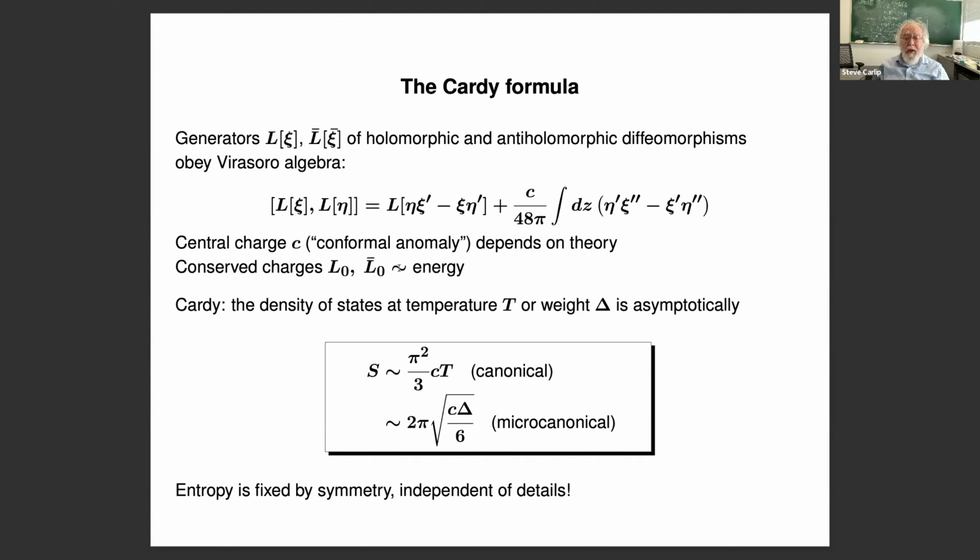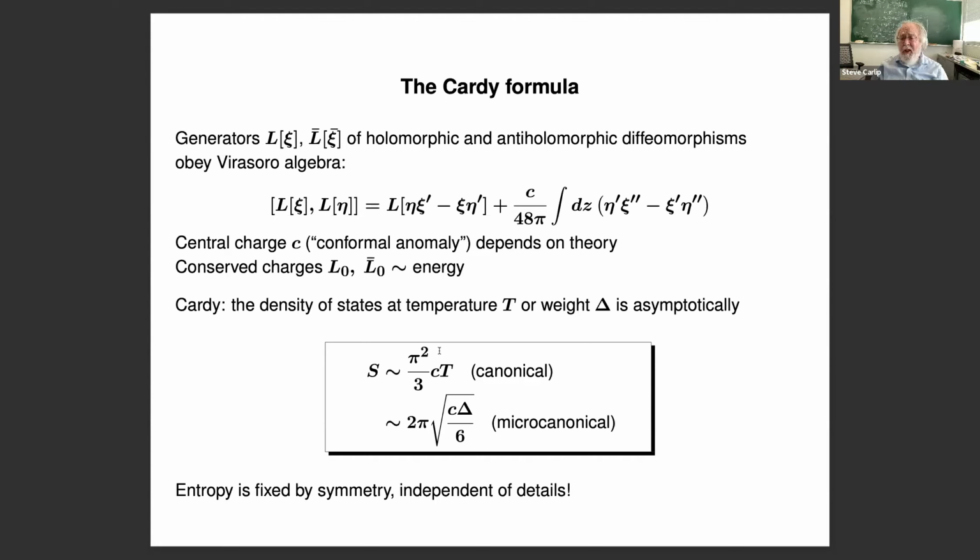What Cardy showed in 1986 is that if you have a conformal field theory obeying a few technical conditions, that's either at a temperature T or a weight delta, where weight is just the eigenvalue of L0, then its entropy asymptotically at high energy or high temperature is completely determined by the central charge and the temperature or the weight of the states that you're looking at.